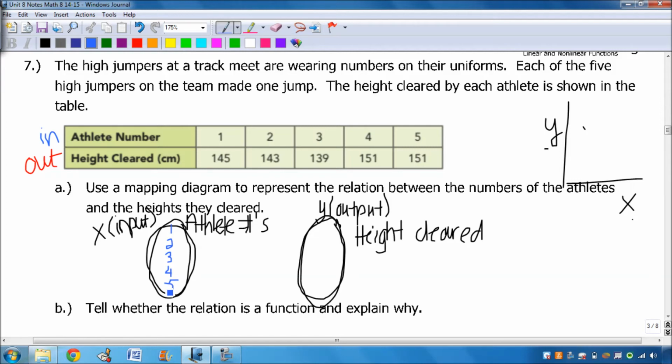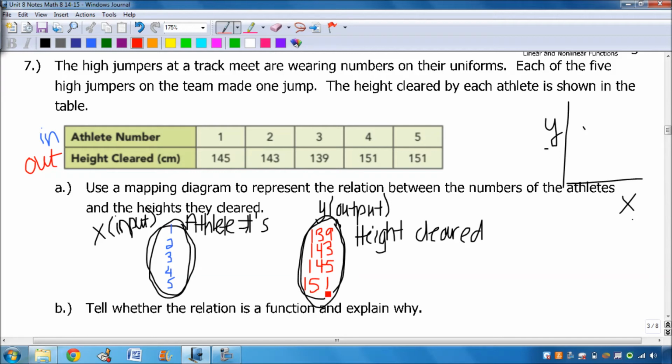Now this needs to go in numerical order, so you must go from the smallest number to the largest number, okay? And then these values are our outputs, and again, we're going to go from the smallest number to the largest number. So our smallest number is 139, and then after that we've got 143, all right? Then we've got 145, and then we've got 151.